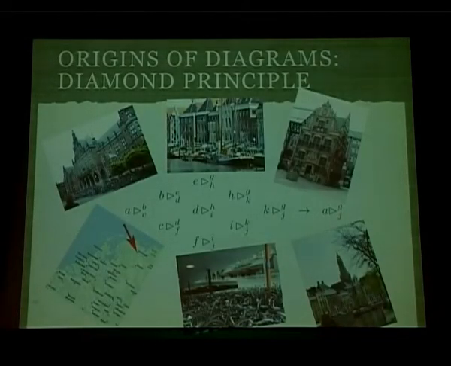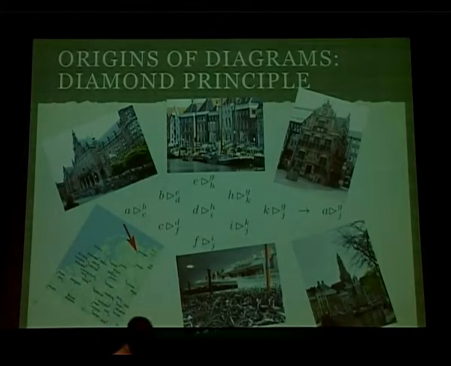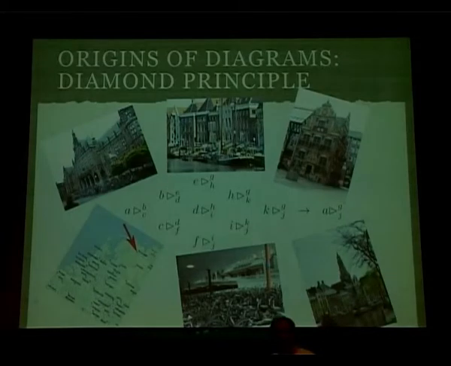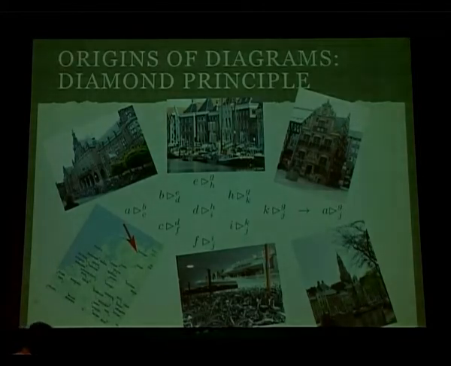This is a slide from my talk a year and a half ago at TARC in Groningen, where we axiomatized a different relation using a very unusual looking logical principle we call the diamond principle. Well, the notion of diagram actually generalizes the diamond principle. If diamond is in some sense a two-dimensional object, diagram is the infinite dimensional version of it. Or at least that's how we look at it.